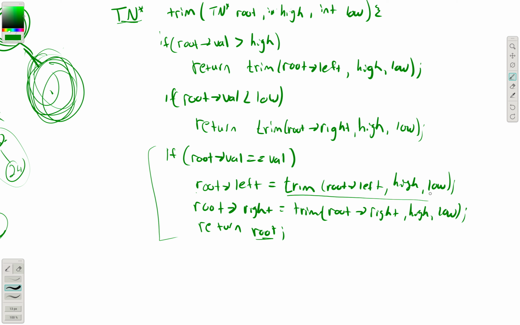What we do in deletion is, if the value is less than our root's value, we say the root's left side gets the left side subtree without the node that should be deleted. We're deleting the node, and after we delete it, we're returning that root here. Similar thing happening here. We're trimming the left side tree and returning the root there.